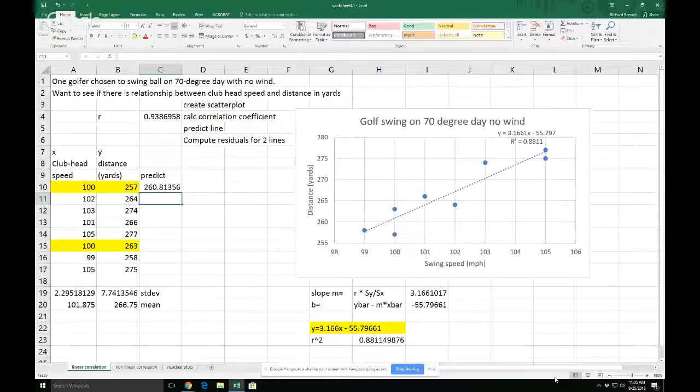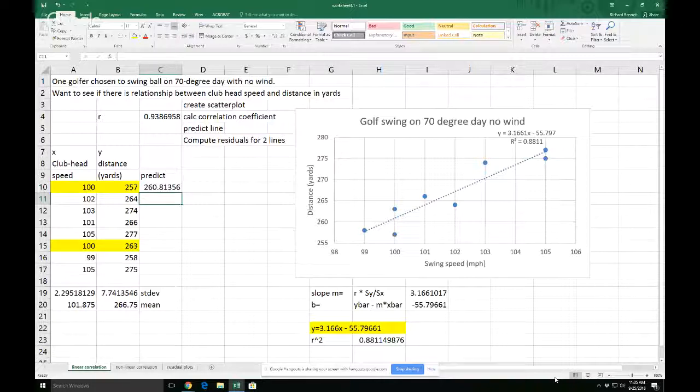Type of ball, okay. So what we're saying here with this R squared value of 0.88, so 88% of the variation is explained by simply the swinging of the golf club. How much is unexplained? So 12%.